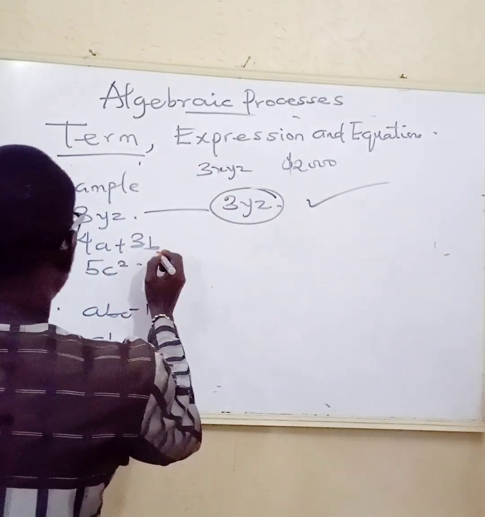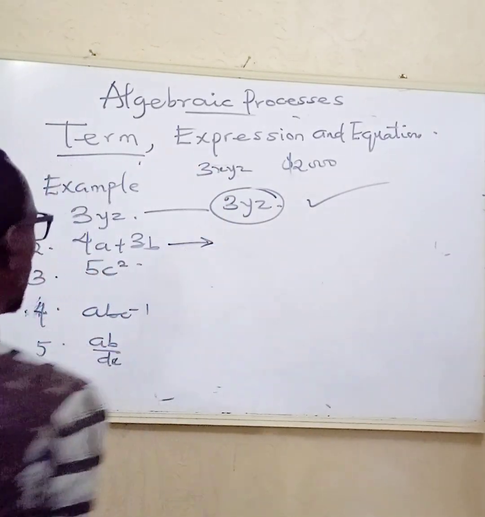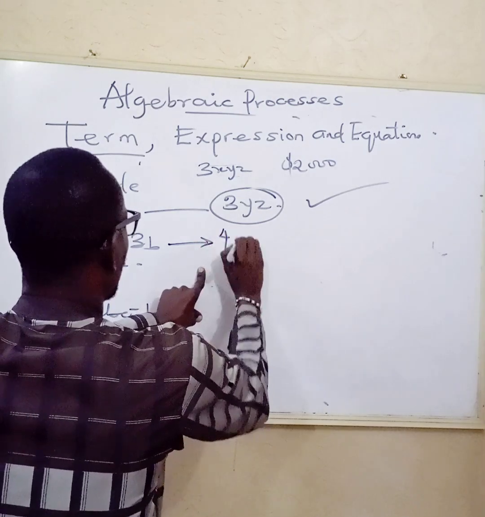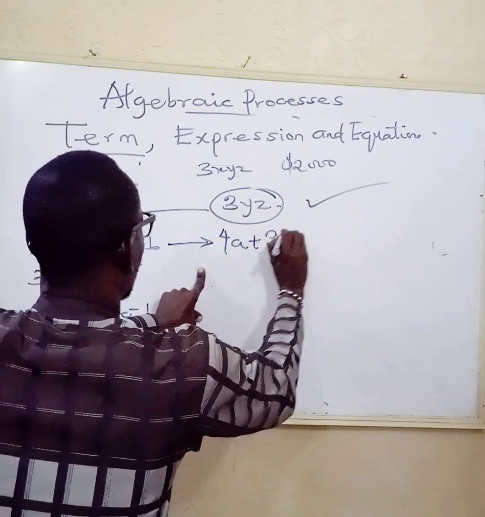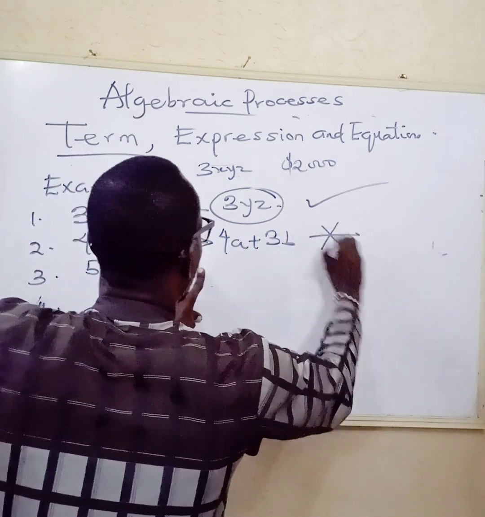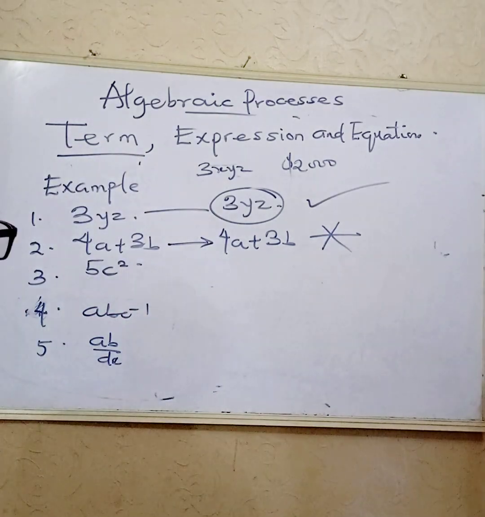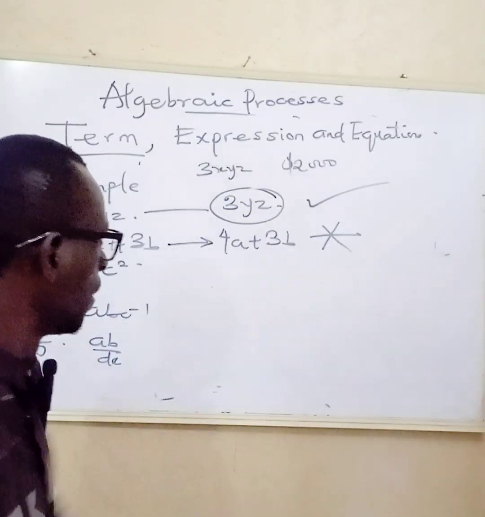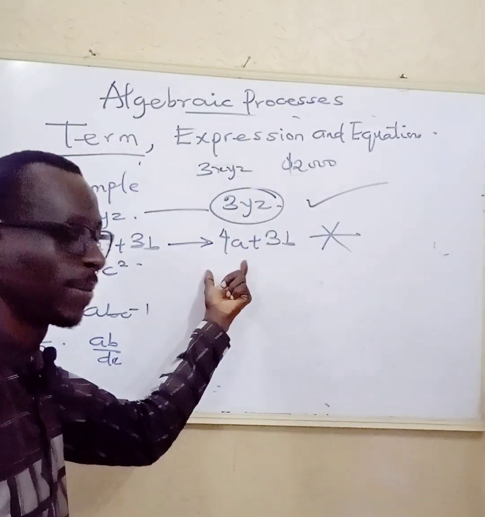And in the expression here, this is an expression, this is not a term. We have 4a plus 3b. This is not a term. It's an expression. This is 4a.